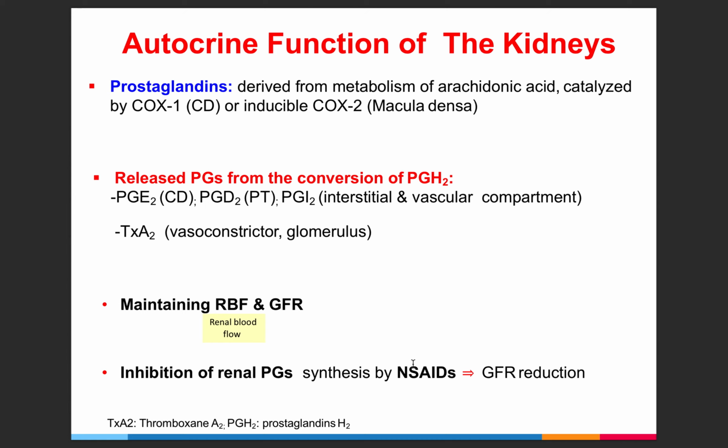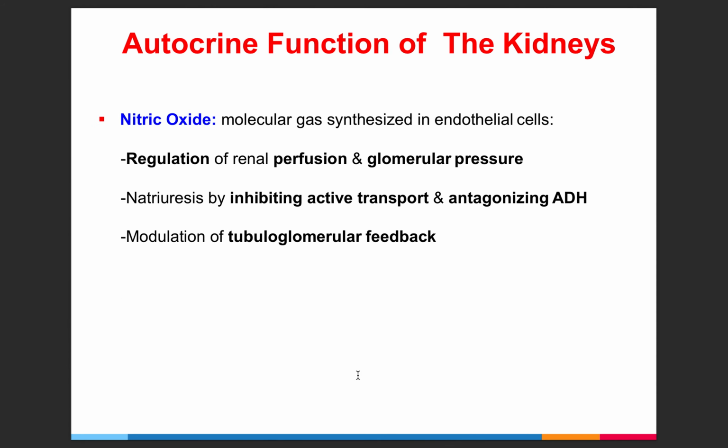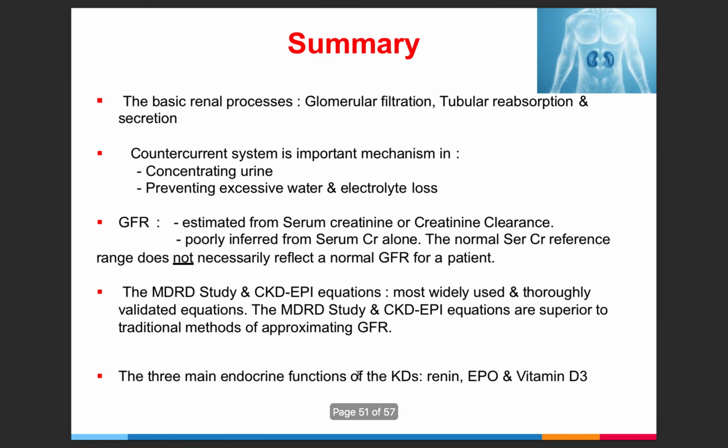So if your kidney needs to dilate the afferent artery and you take NSAIDs, the prostaglandins are not formed, and this will harm the kidney, along with other things that can harm the kidney as well, but long-standing NSAIDs use is damaging to the kidney. Nitric oxide, as we said, dilates the afferent artery to maintain the pressure.